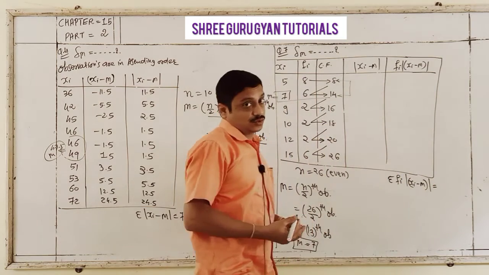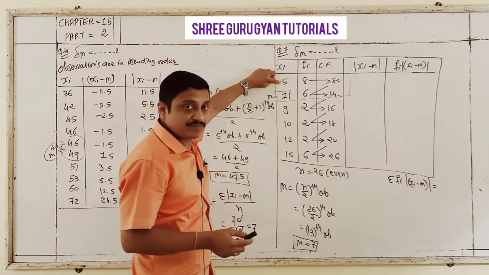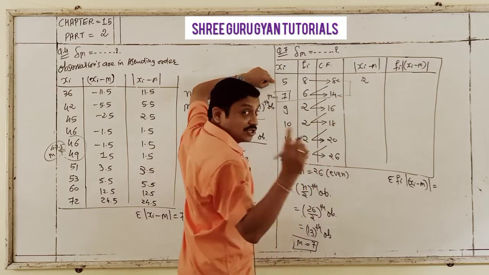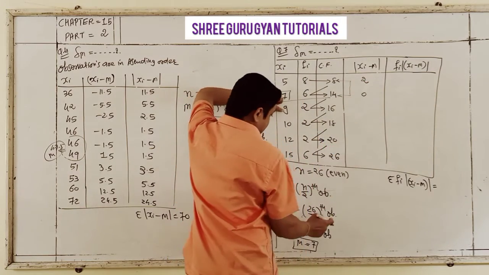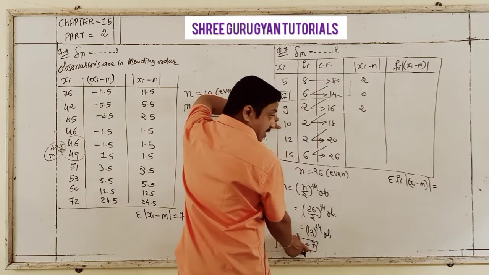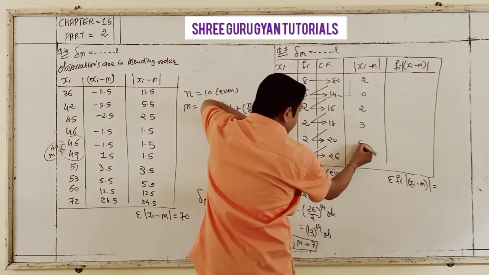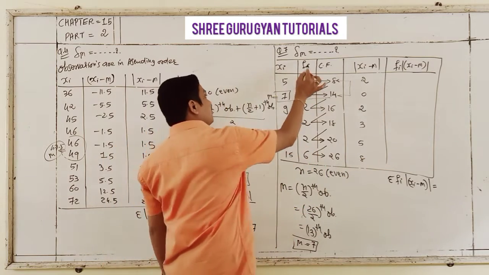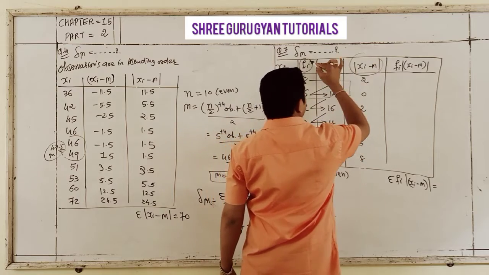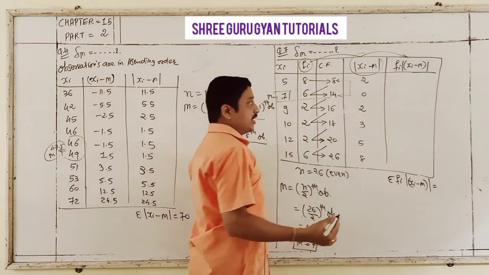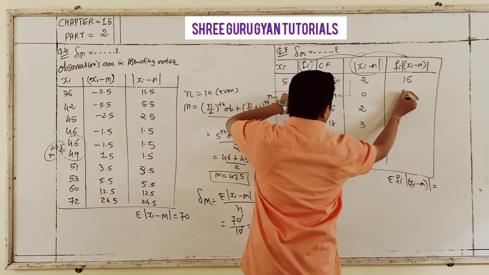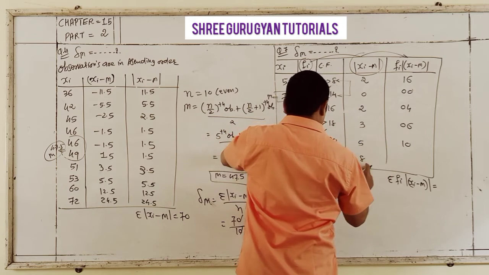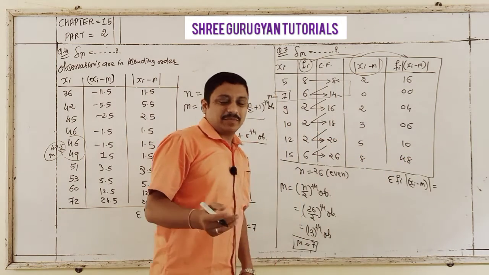So students, here this is your xi: 5 minus 7 gives modulus value 2, 7 minus 7 is 0, 9 minus 7 is 2, 10 minus 7 is 3, 12 minus 7 is 5, and 15 minus 7 is 8. Multiply this with fi and you get the product values: 8 times 2 is 16, here 0, here 2 times 2 is 4, 3 times 2 is 6, 5 times 2 is 10, and 8 times 6 is 48.